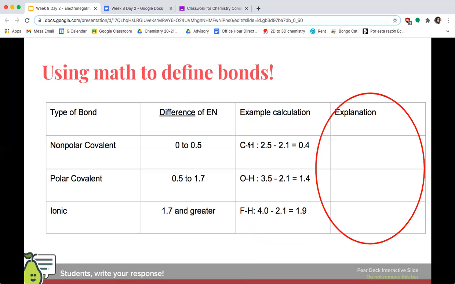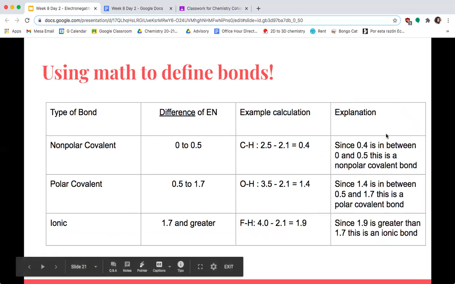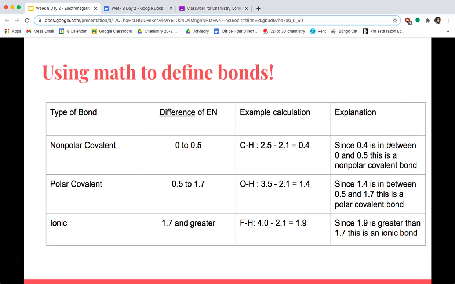Here are some example calculations, like carbon bonded to hydrogen. 2.5 is carbon, hydrogen is 2.1. We subtract those, we get 0.4. Since 0.4 is between 0 and 0.5, this is a nonpolar covalent bond.